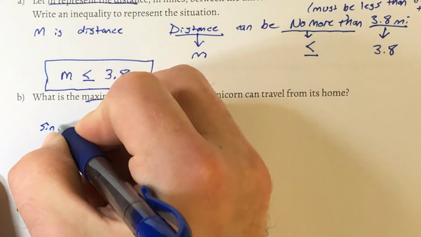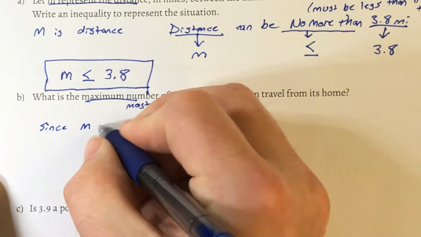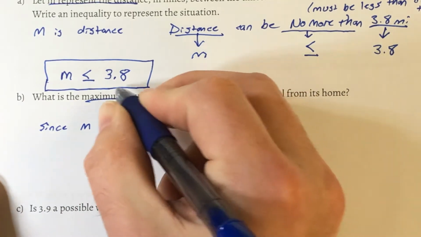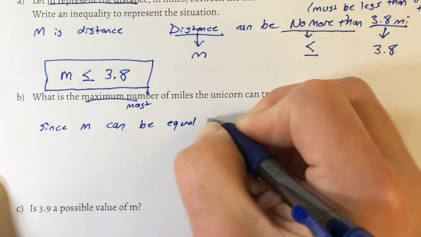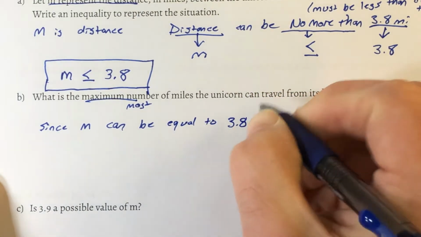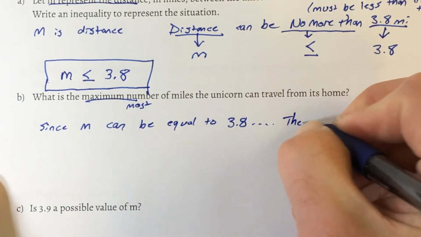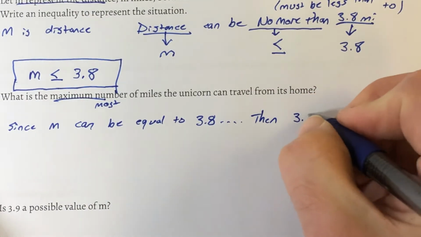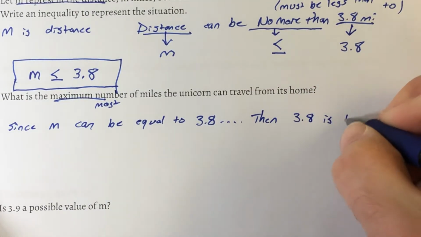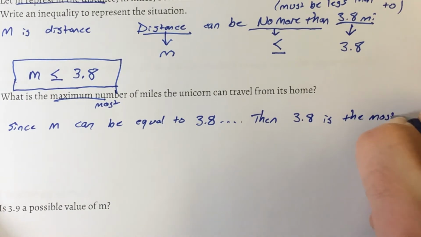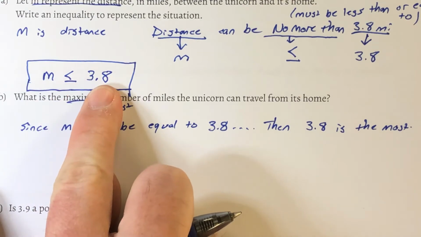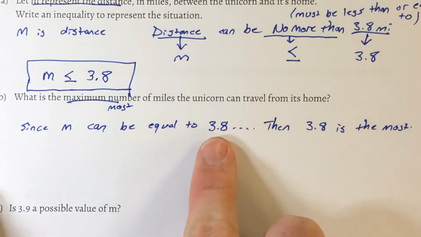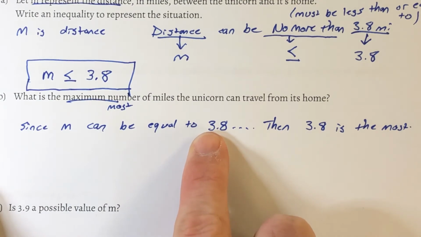Well, since M can be equal to 3.8, then that means 3.8 is the most. Again, if the distance can be equal to 3.8 and you just can't be more than 3.8, that means the most number of miles that unicorn can travel is 3.8, or poof, it's gone.